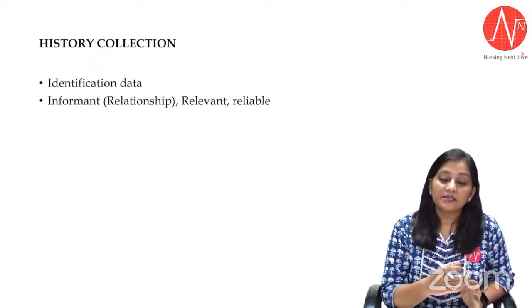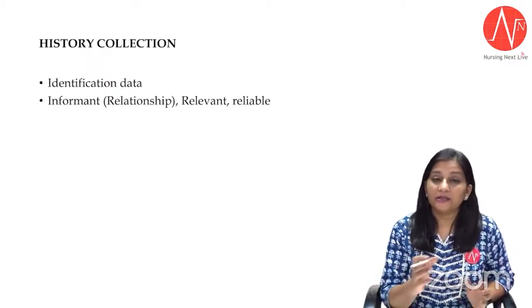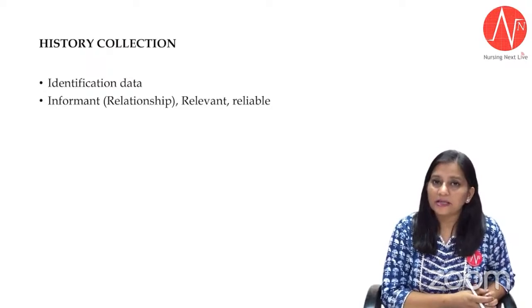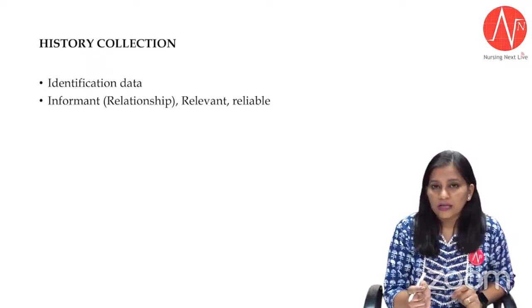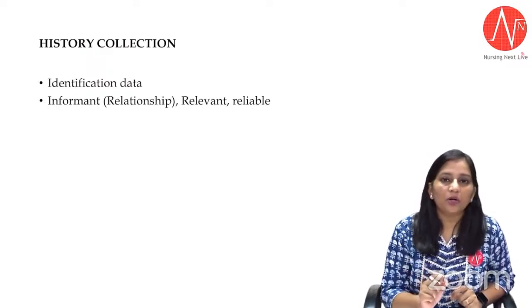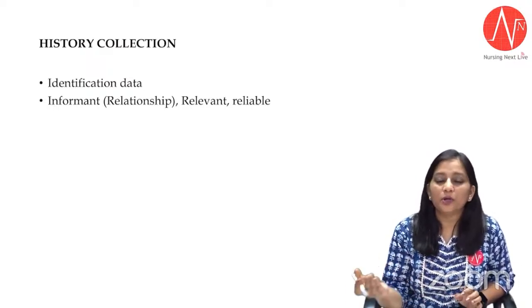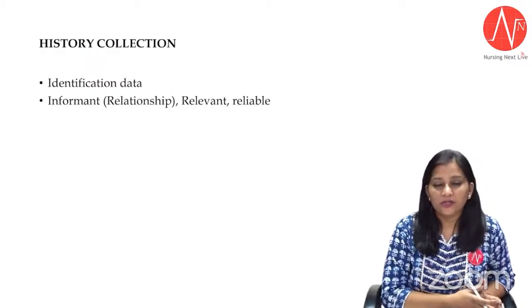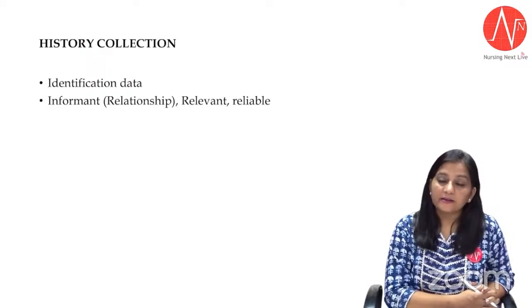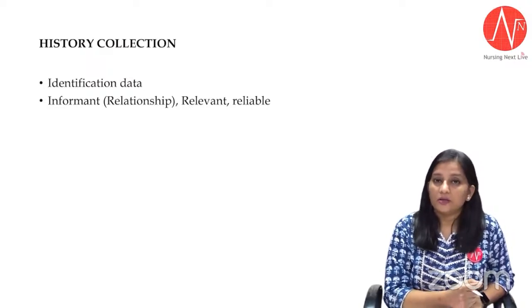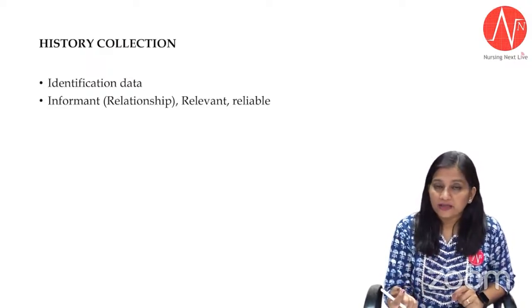But if it is some relative other than parents or family members, then the relative may not talk about some things, because he does not know, he is not staying with the patient all the time, or he is not looking after the patient. And if it is a friend, the friend might not know everything about the patient.